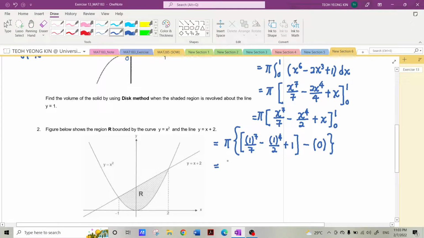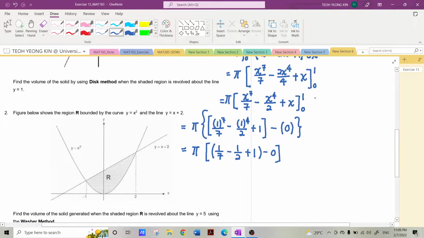Next, here is pi, and then I should have 1 over 7 minus 1 over 2 plus 1. This is the first part, and then minus 0 is the second part.